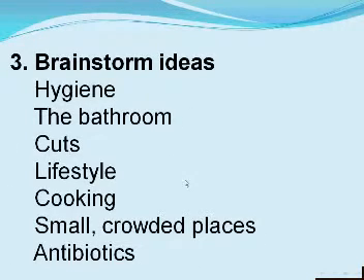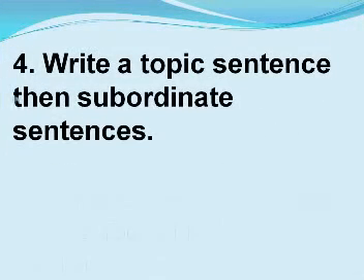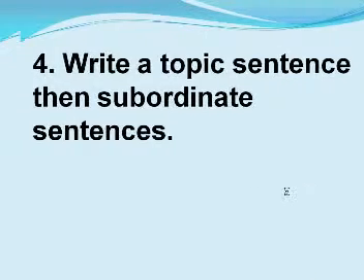Think about all these ideas, all these notes, and then you can expand these and write a complete paragraph. Then the final step is that you are going to write a topic sentence, the most important sentence in the whole paragraph. Then subordinate sentences, and this way you are going to have a complete paragraph.